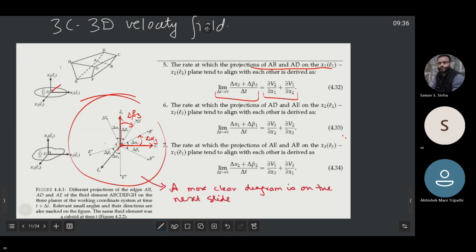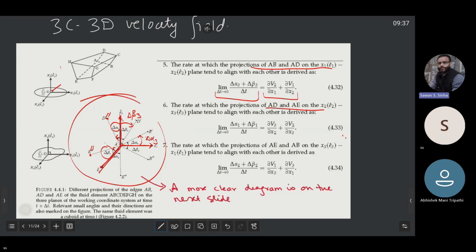Okay. Rate at which the projections of AD and AE, on which plane? On the E2, E3 plane. Projections of which points? AD and AE. So D's projection is here, E's projection is here. I am using double prime. The relevant angles are delta alpha 1 and delta beta 1, the way they have been drawn. Delta alpha 1 is like this, delta beta 1 is like this.